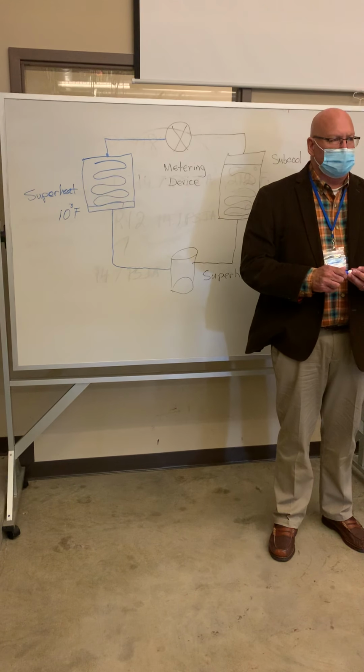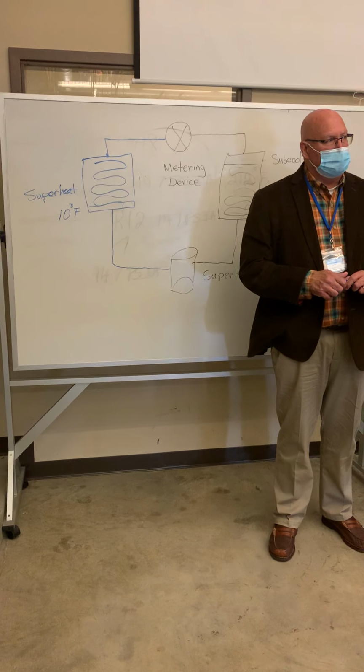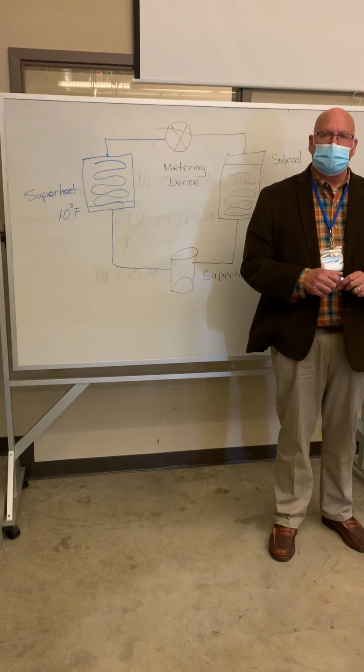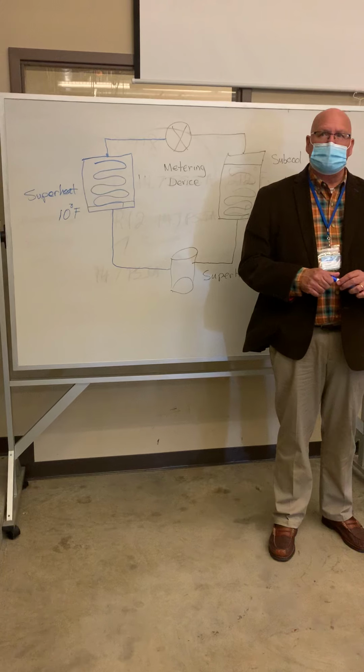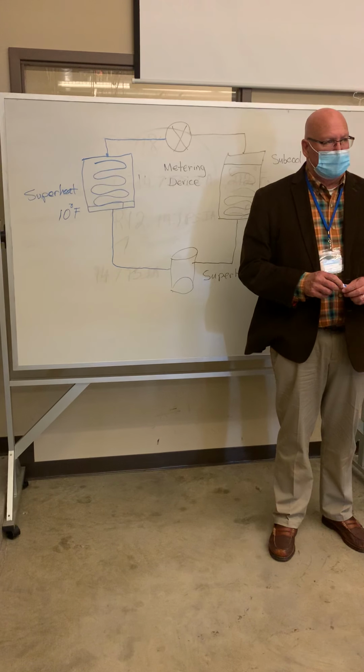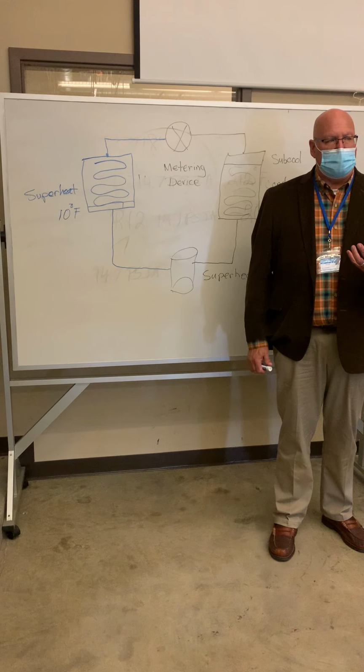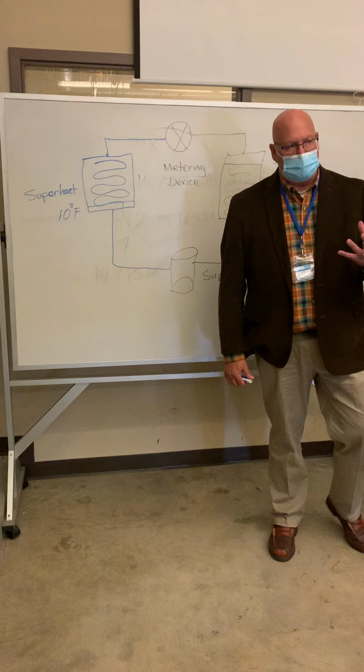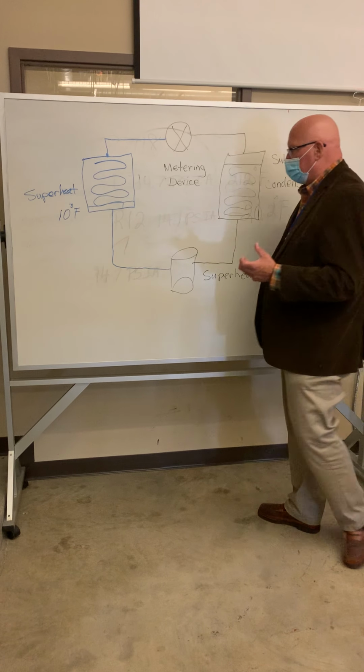The suction line, if you look around the room and you see one of these, the bigger copper tubing is going to be the suction line, and it's always insulated, because we don't want to absorb heat and start having a flash, a change of state of matter.